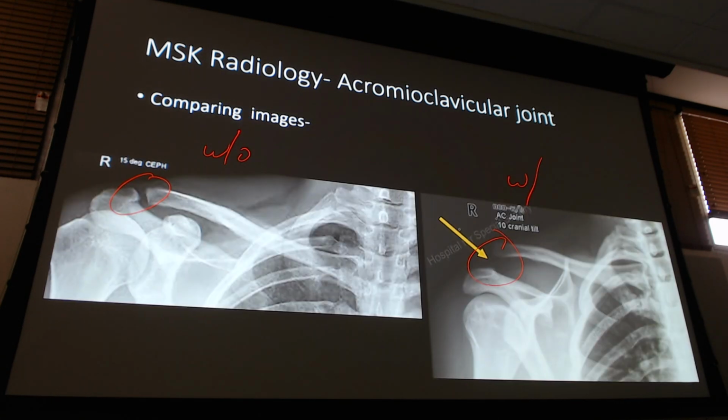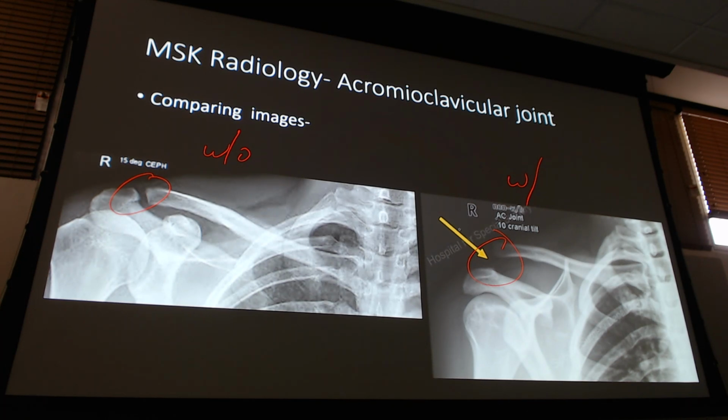And look at the comparison when it's not. This is why we do it with weights, because this looks fine. This without weight looks like there's no major issue with that AC joint. Once I hand the patient weights and do it again, look at the separation.